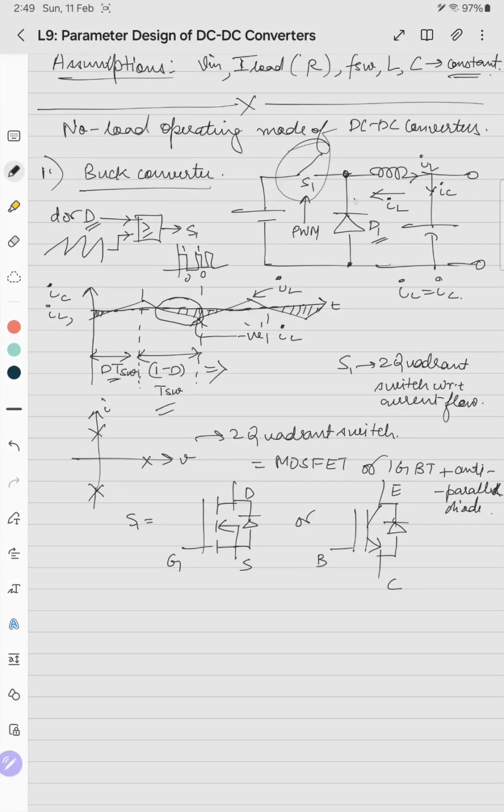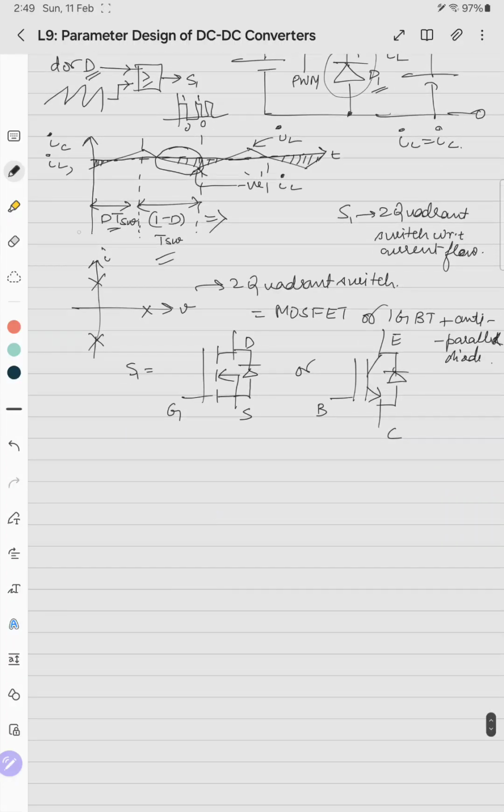The diode can conduct current only in one direction. It cannot allow reverse direction current flow. If it allowed that, it would mean the diode is reverse biased. In that case, D is also off and S1 is also off. So this current will not be valid. Similarly, this negative current also will not be valid.